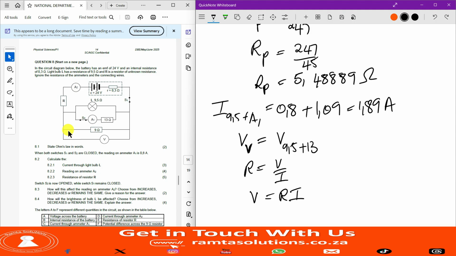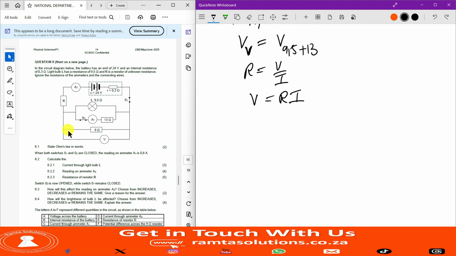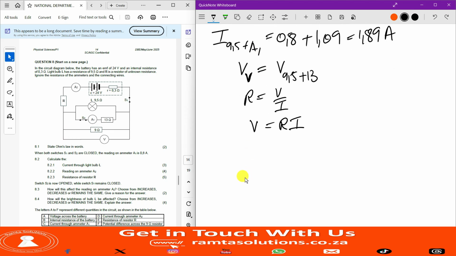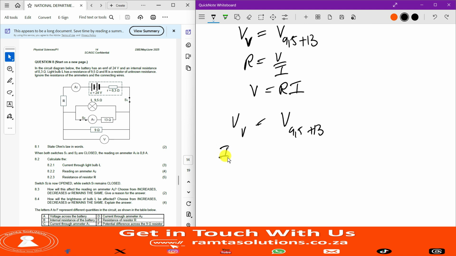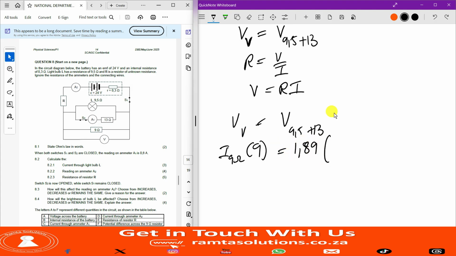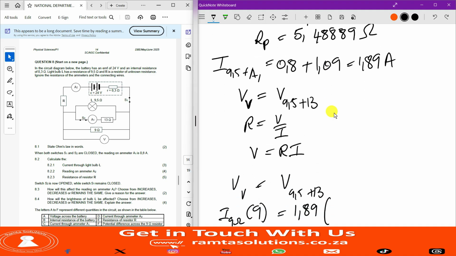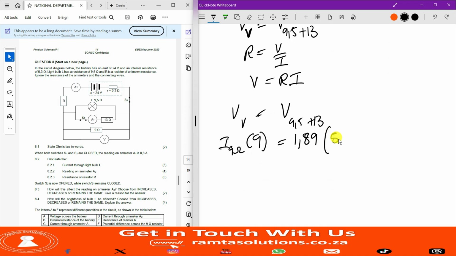Comparing these two, we'll then say V equals V at 9.5 plus 13. Let's go. The current flowing at the 9 ohm, we do not know, but we know the resistance is 9. The current flowing on this terminal, we have calculated to be 1.89, and the resistance there was 5.4889.